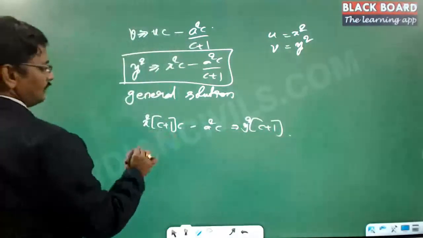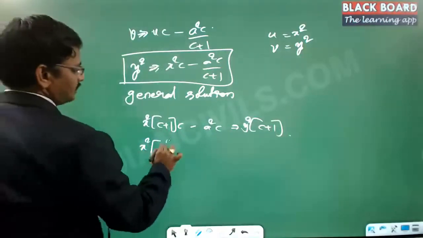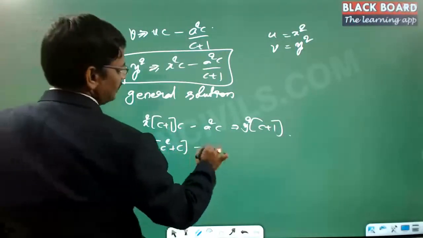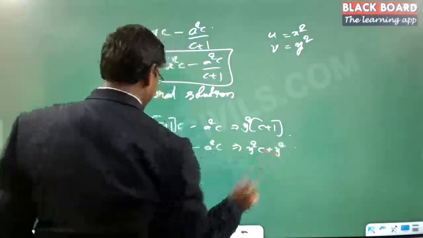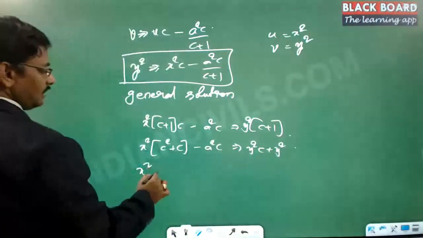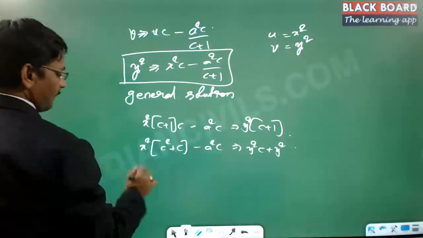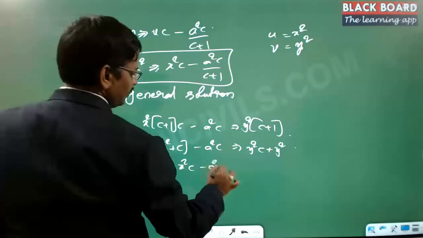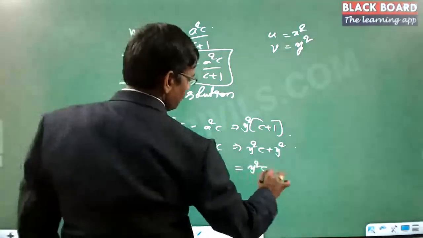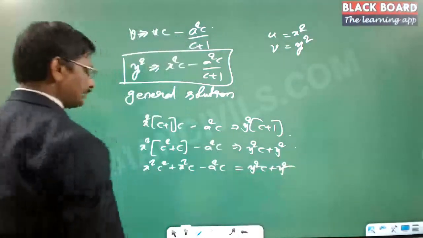So this is x square into c square plus c minus a square c equal to y square c plus y square, right? And so x square c square plus x square c minus a square c equal to y square c plus y square, right?